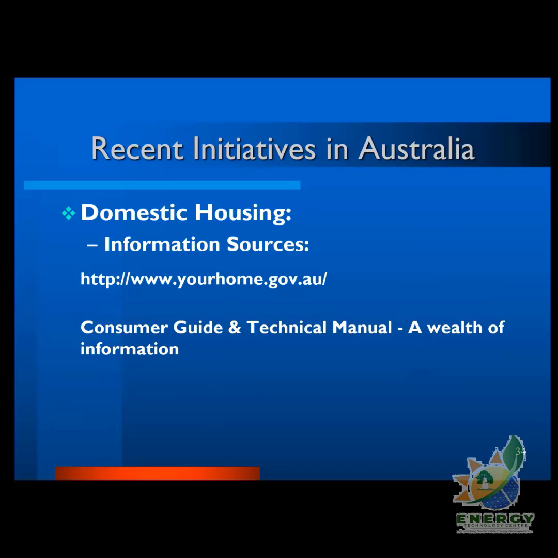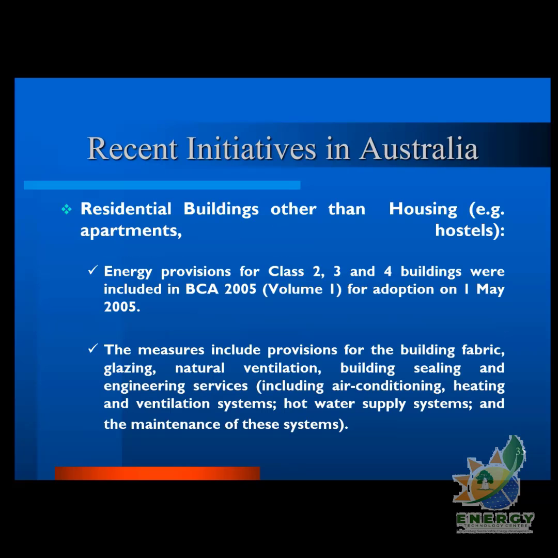Now, recently we have domestic housing information sources that can be accessed, such as a consumer guide and technical manual providing information on how buildings can be constructed, the material to be used and so on.